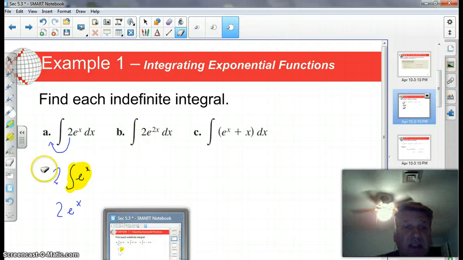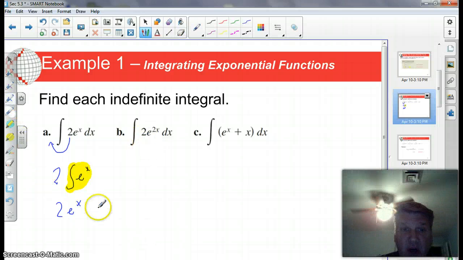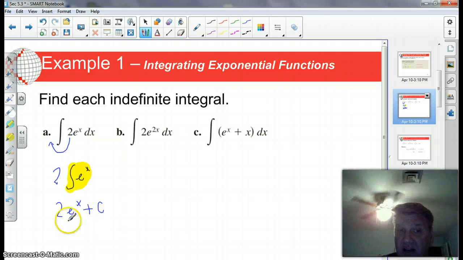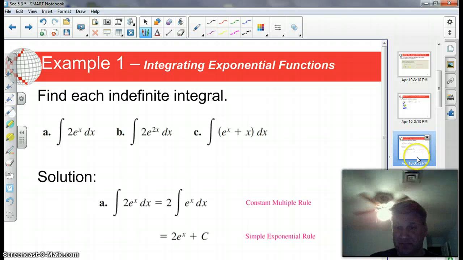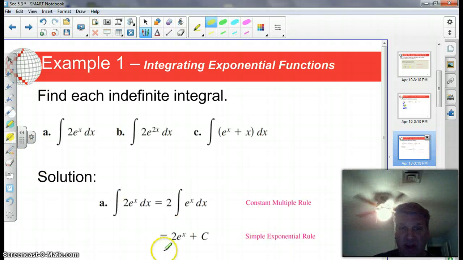Don't forget, when you take the integral, you also need to remember that there could be a constant, because when you take the derivative of 2e to the x plus 6, the 6 will go away. So there's always some kind of a constant. There's the answer for A.